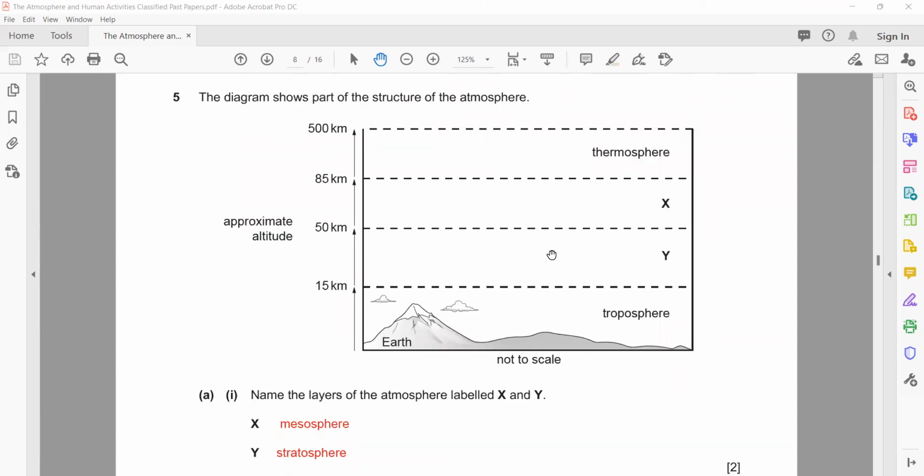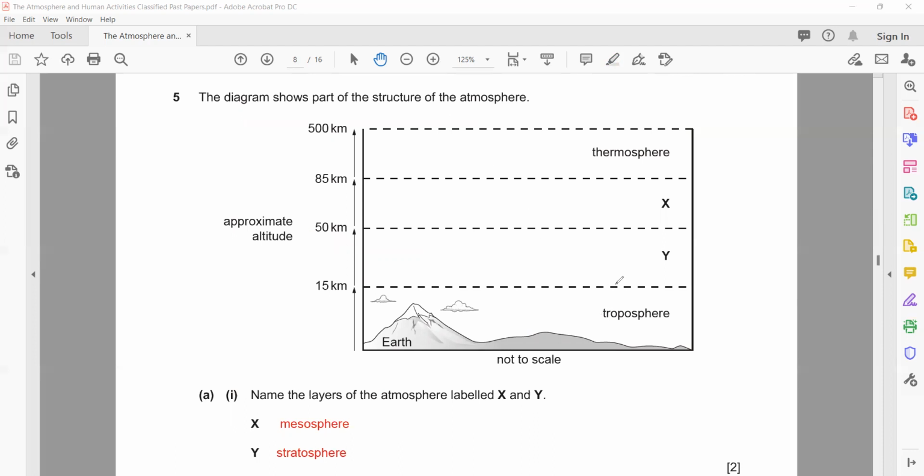Okay. Here the diagram shows part of the structure of the atmosphere. You can see here, first one is troposphere, last one is thermosphere. What is Y? That is stratosphere, and X is the mesosphere. And again, I'm telling you, go through the notes and you should remember the order of the atmosphere.